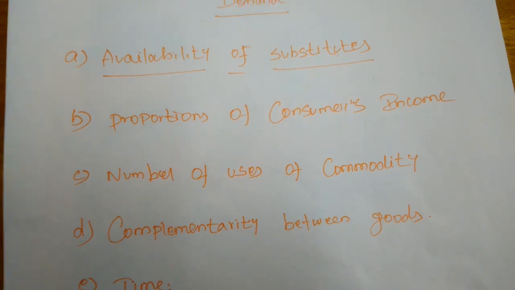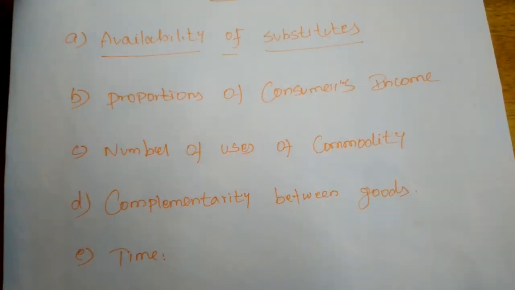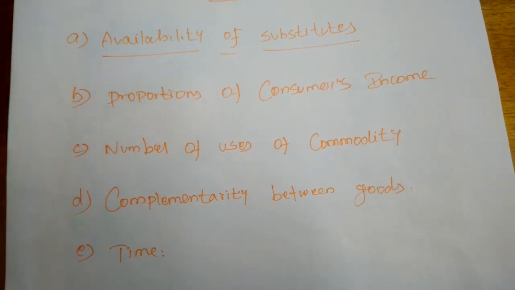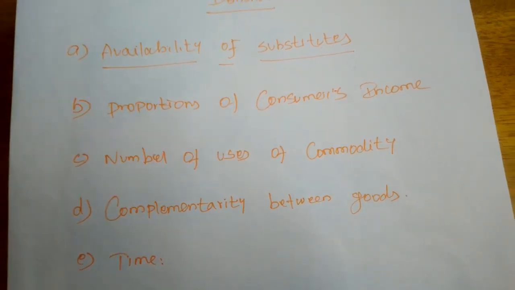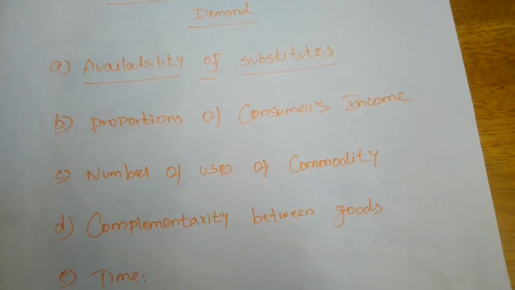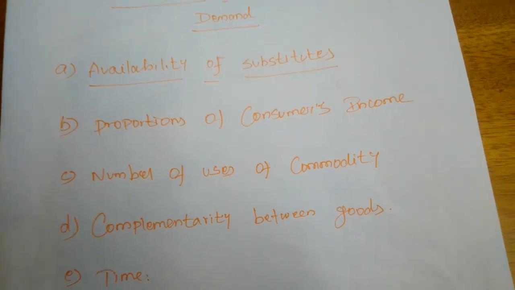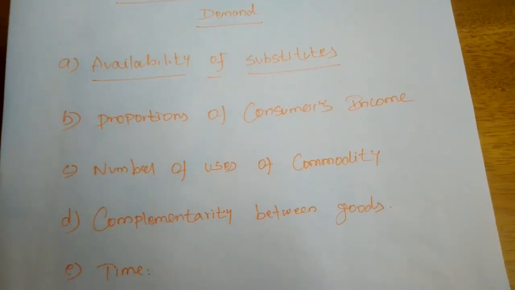The best example is tea and coffee. If the price of tea is increased and the price of coffee is normal or reasonable, we will go to coffee because substitutes are available.